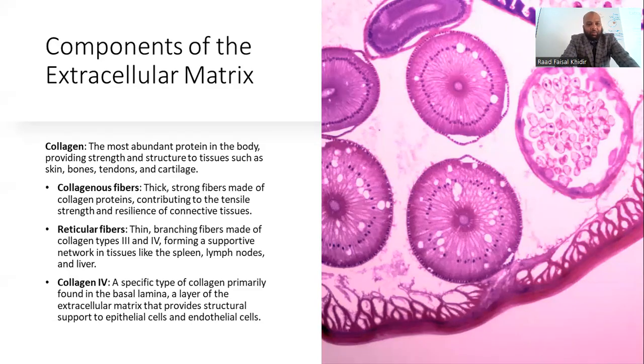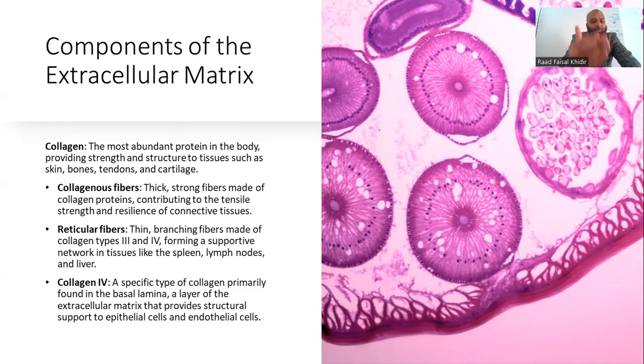Reticular fibers, these are thin branching fibers made of collagen types 3 and type 4, forming a supportive network in tissues like the spleen, the lymph node, and the liver. And collagen type 4 is a specific type of collagen primarily found in the basal lamina, which is a layer of the extracellular matrix that provides structural support to the epithelial cells.